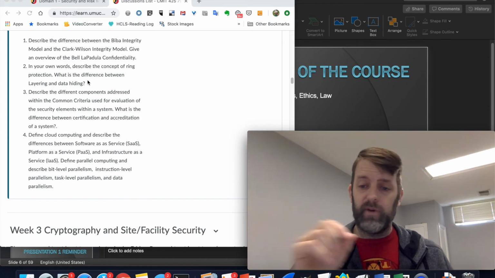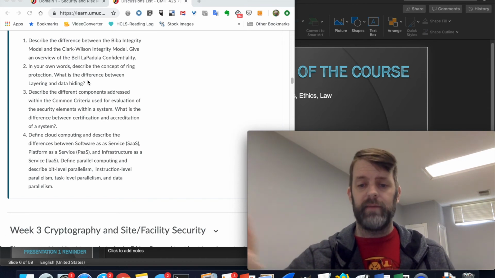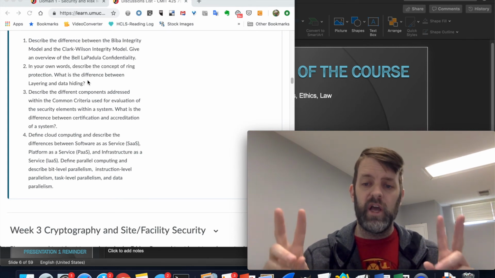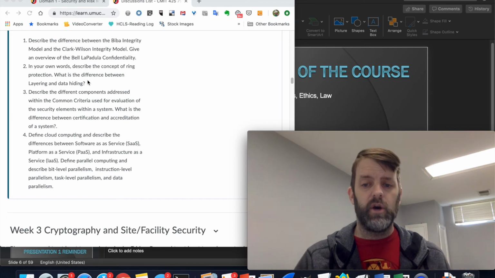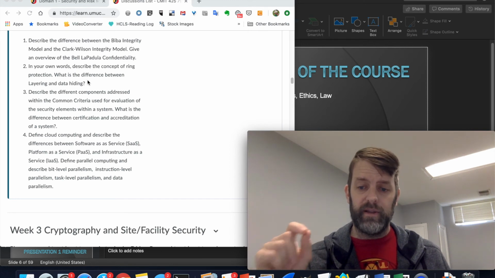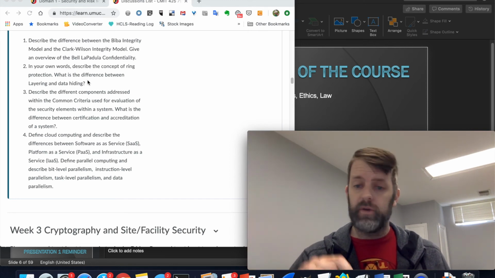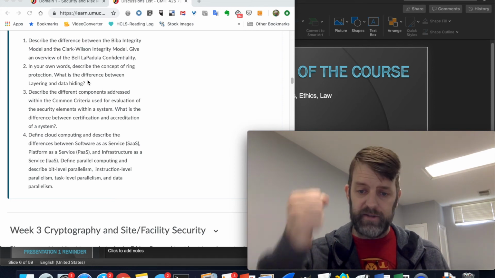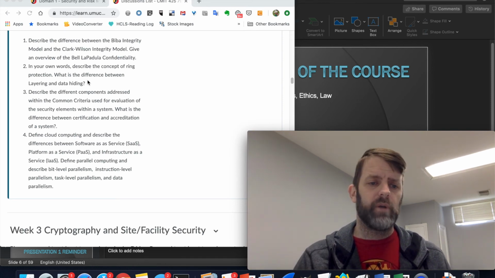I sign off on that, yes, it's okay for us to go ahead and implement this system and put it into operation. In the government, this takes the form of what's often called an authority to operate, or an ATO. And you have to have an authority to operate from a designated authority who's allowed to say that your department or your organization, whatever it is, can use this system.